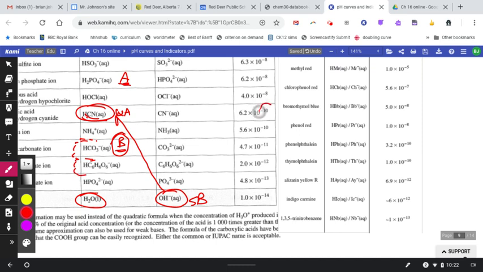So we use the Ka value of our acid to the negative 10, and we want something with a lower value, negative 11, negative 12. So here's two good choices. Alizarin yellow or indigo carmine would be good choices because they both sit right down in this region. So then in our titration, our strong base would go after the weak acid, and then it would go after the indicator next.